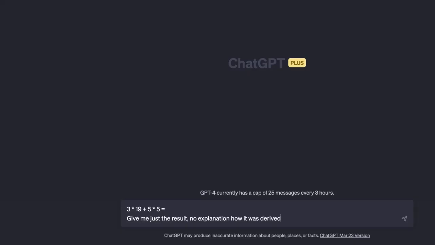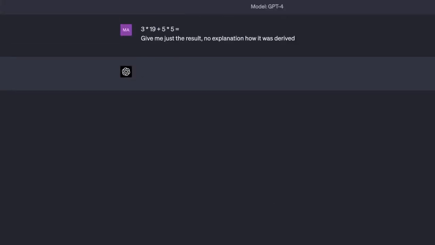You can sometimes see this when asking ChatGPT for the result of some mathematical calculation, especially when forcing it to give you just the result without any extra explanation. Since ChatGPT is no calculator and can't do any logical thinking, it's just trying to predict a word, in this case a number, based on some probabilities. And therefore here, for example, it predicted 104, which is wrong. The answer, of course, would be 82.